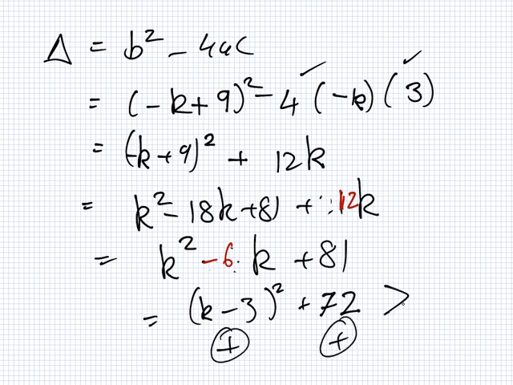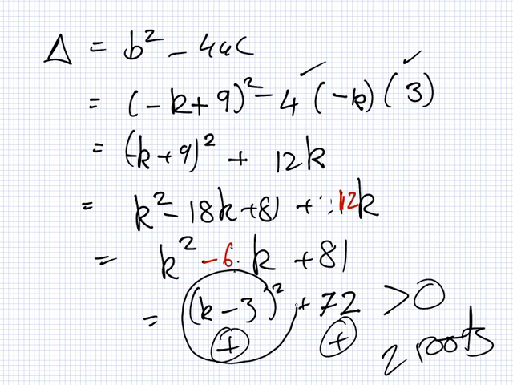This is always positive, so 2 roots then. Why is it bigger than 0? Because this is a square number, and square numbers are always positive when you square a number. And 72 is always positive. So adding two positive numbers together is always positive.